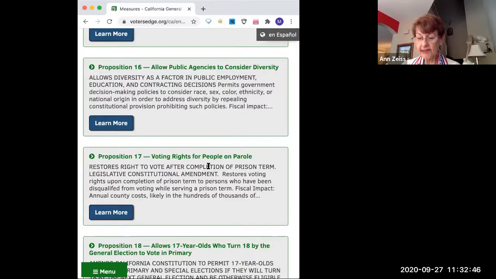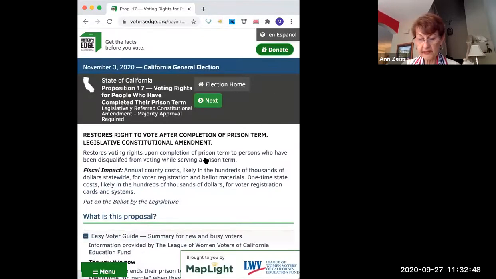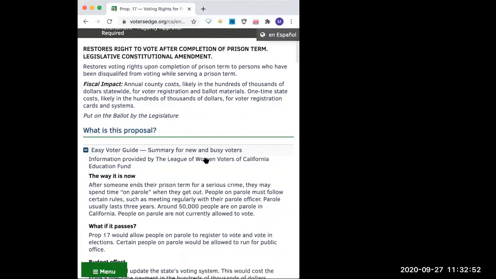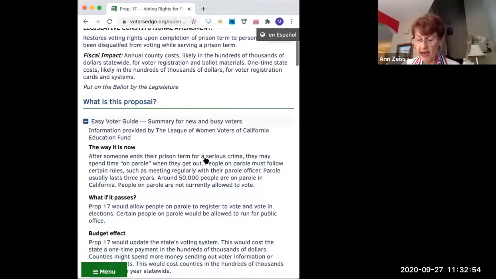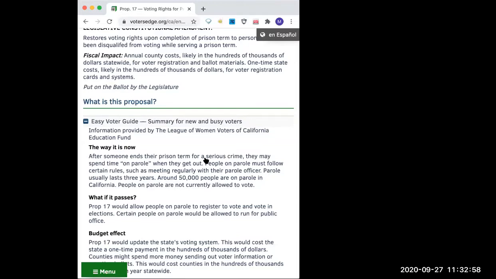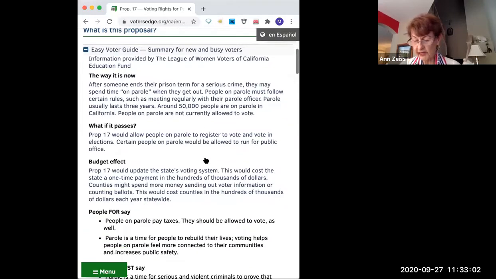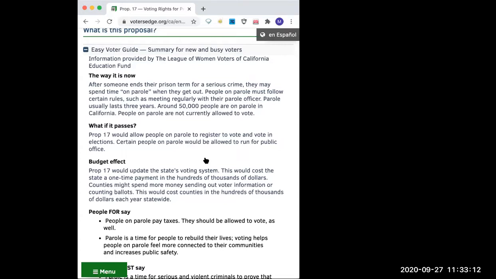Persons in state or federal prisons or on parole cannot vote. After they serve a specific amount of time, called determinate time, they may be granted supervised parole. Proposition 17 would allow them to vote and run for office if qualified and provided they have registered to vote.